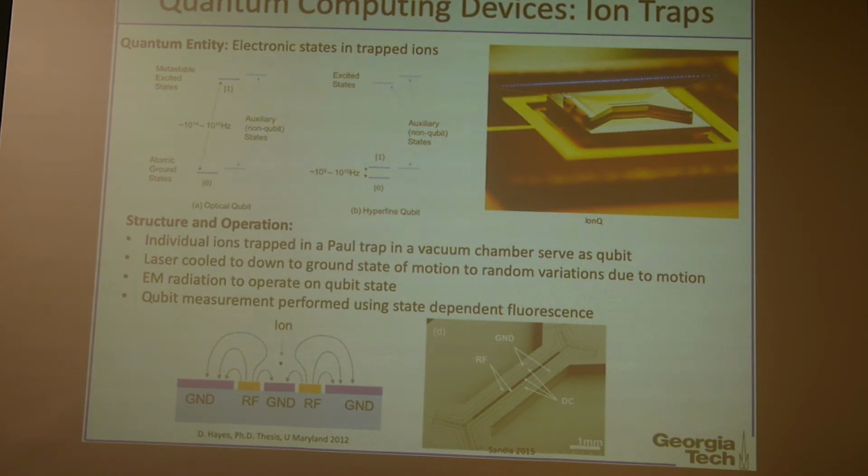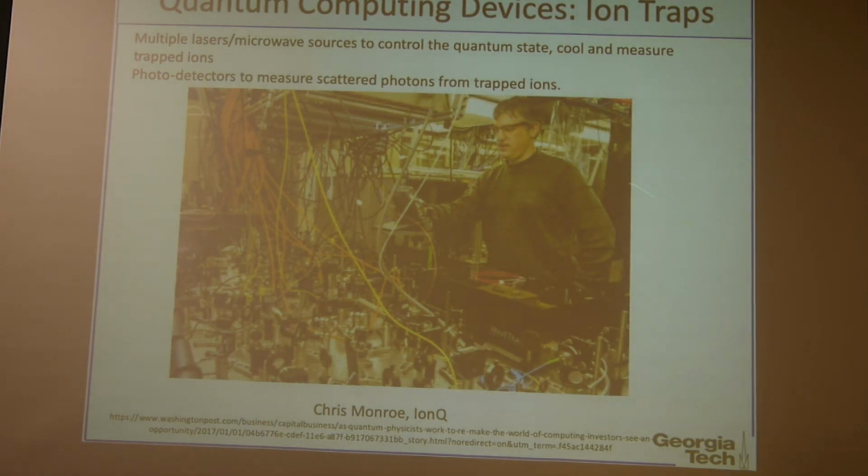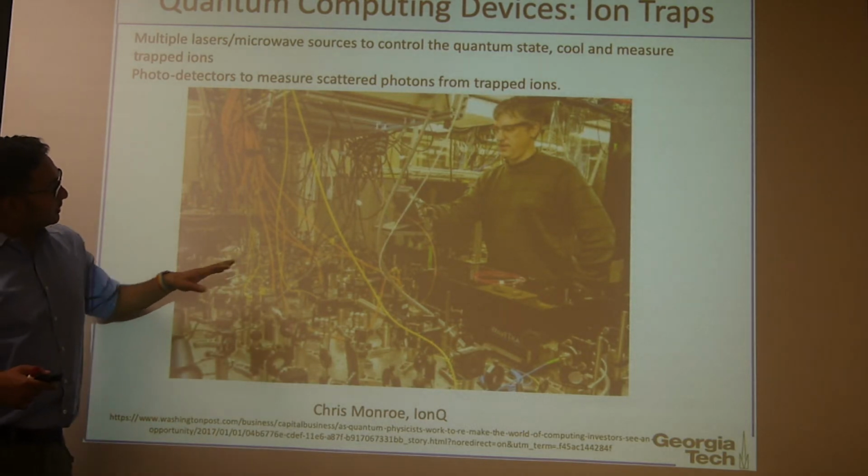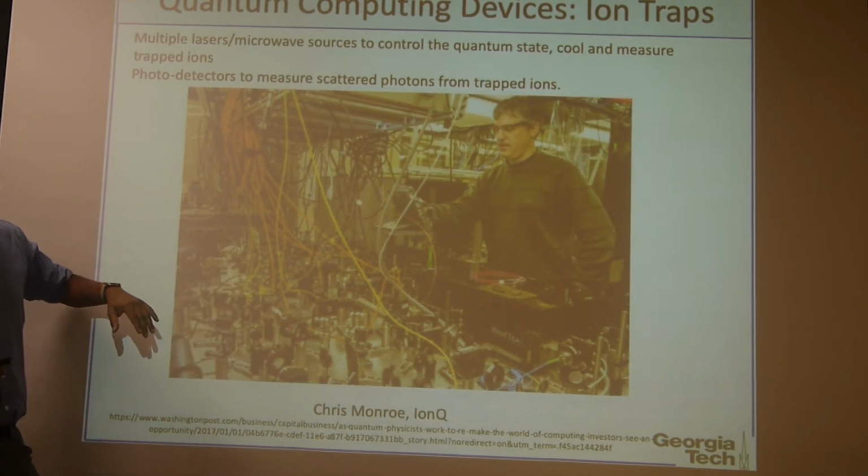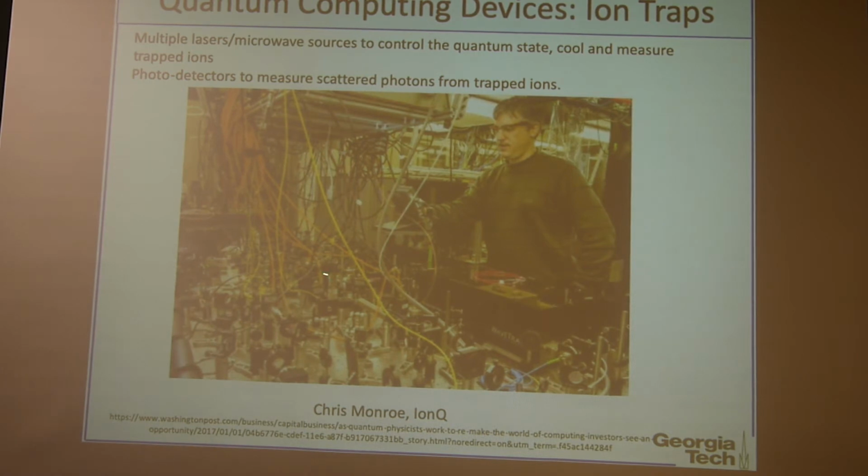This is how the setup looks. Over here there is a vacuum chamber, probably here. You see a vacuum chamber? So there is a vacuum chamber where the chip is, and in the chip you do all the calculations. This technique is called ion traps, and it is one of the techniques to do quantum computing, and is very popular.